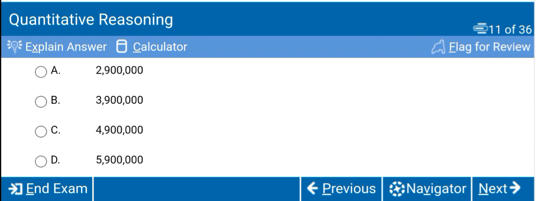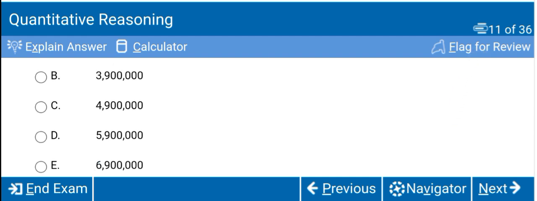Option A 2,900,000. Option B 3,900,000. Option C 4,900,000. Option D 5,900,000. Option E 6,900,000.